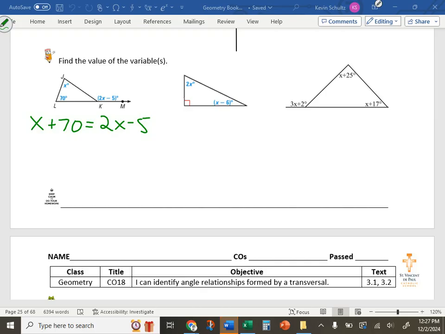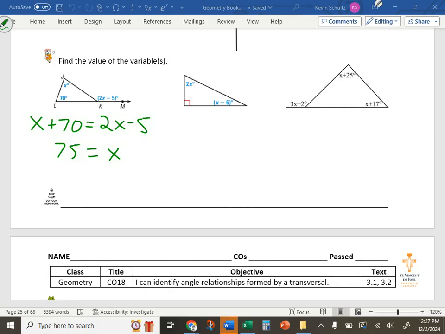Okay? You're on the right track, but you've got to be pretty specific. And this would be algebraic, with variables on both sides. You can move the x from the left to the right, leaving you with just one x on the right. You can move the -5 to the left, giving you 75 over here. And so 75 equals x.